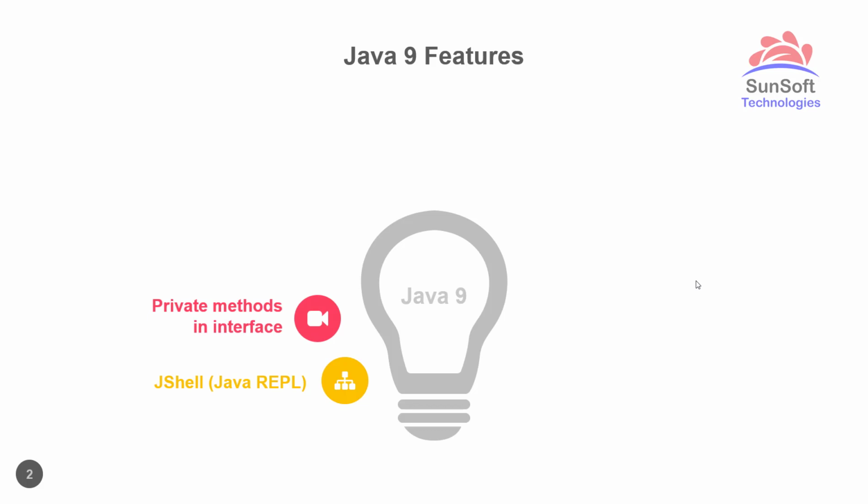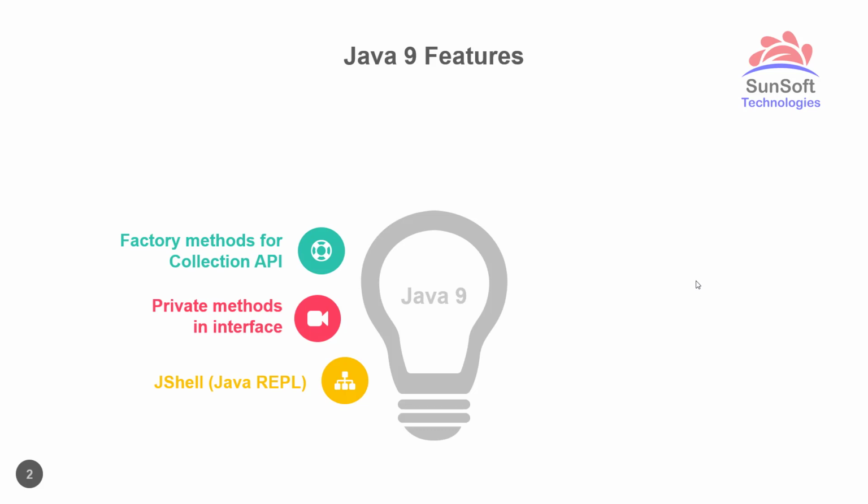Then we have another inclusion called private methods in interface. In Java version 8, we had static and default methods with body, but now in Java 9 we can have private methods also with body inside an interface. Next, we have factory methods for the collection API.